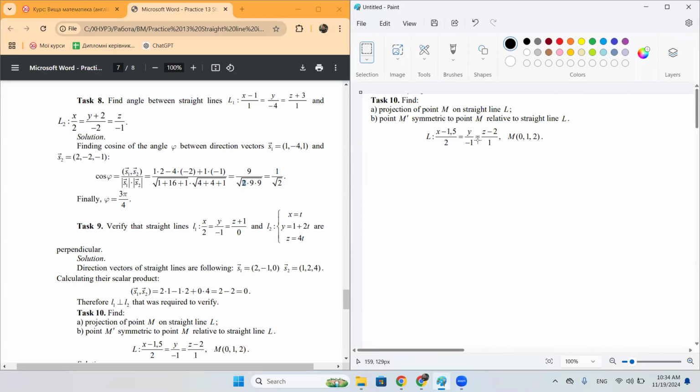So we need to find the projection of point M on straight line L. First of all, let's draw a little bit.